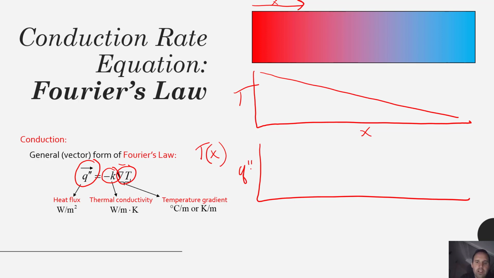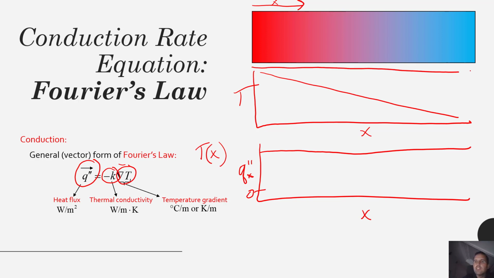So if we plotted q in the x direction, if this is zero heat flux, because our gradient is constant and our thermal conductivity is constant, we would see this constant positive flow of heat. Heat is going to be flowing this way, and it's going to be the same flow of heat all the way through that solid. So that's how Fourier's law works.